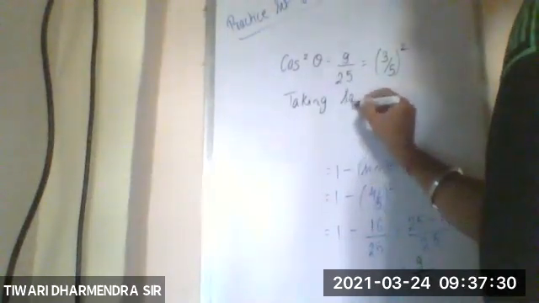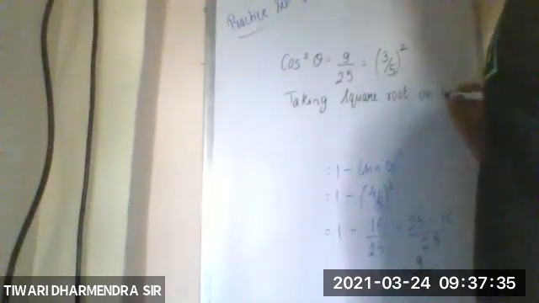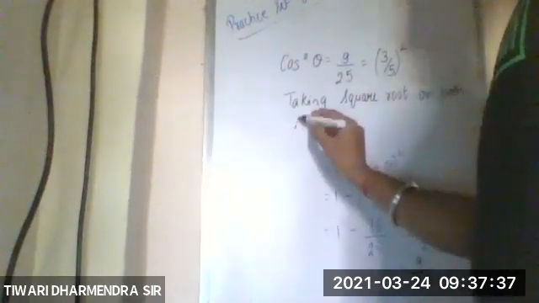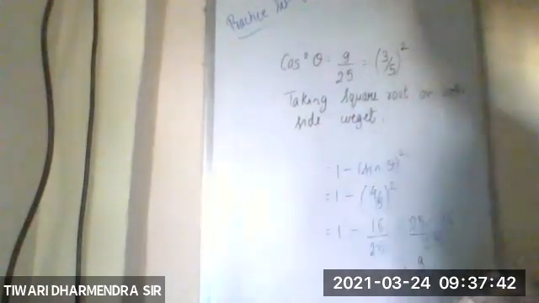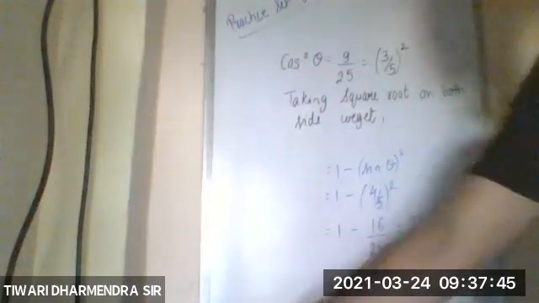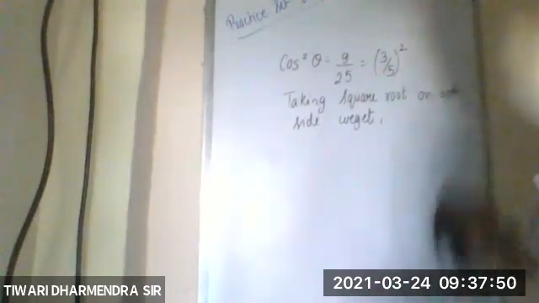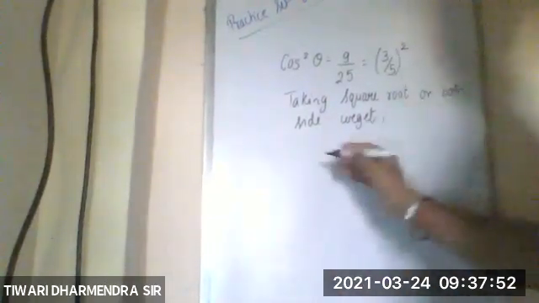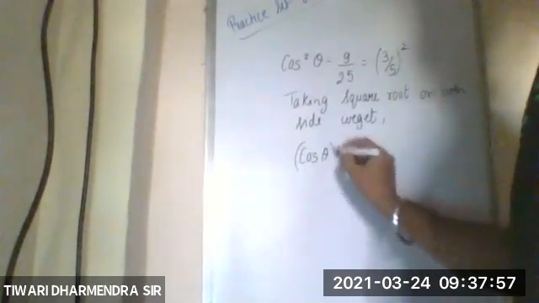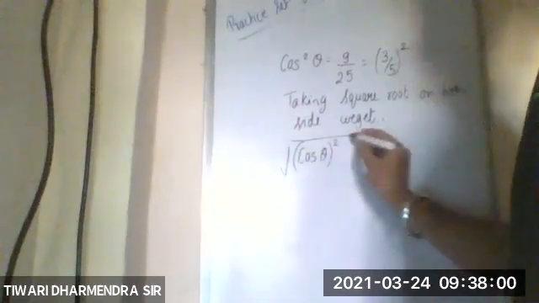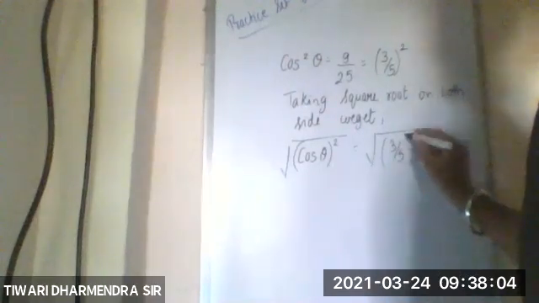Taking square root on both sides, we get cos theta the whole square, and the square root of that is equal to the square root of 3 by 5 the whole square.